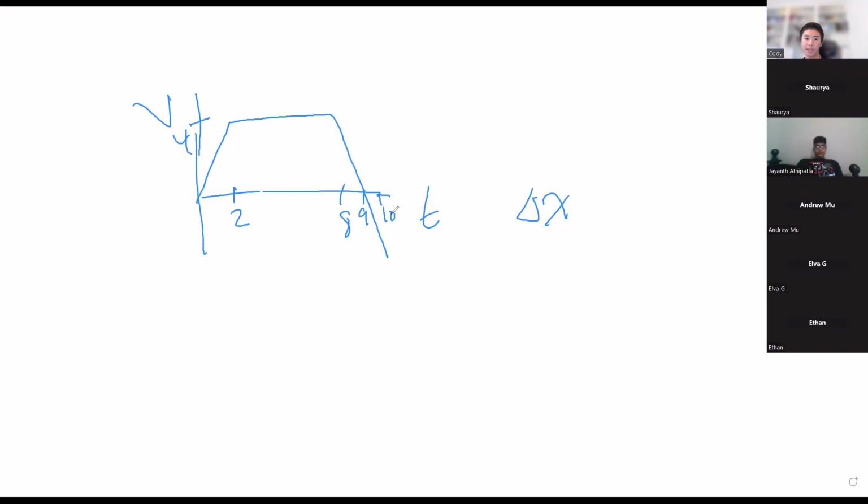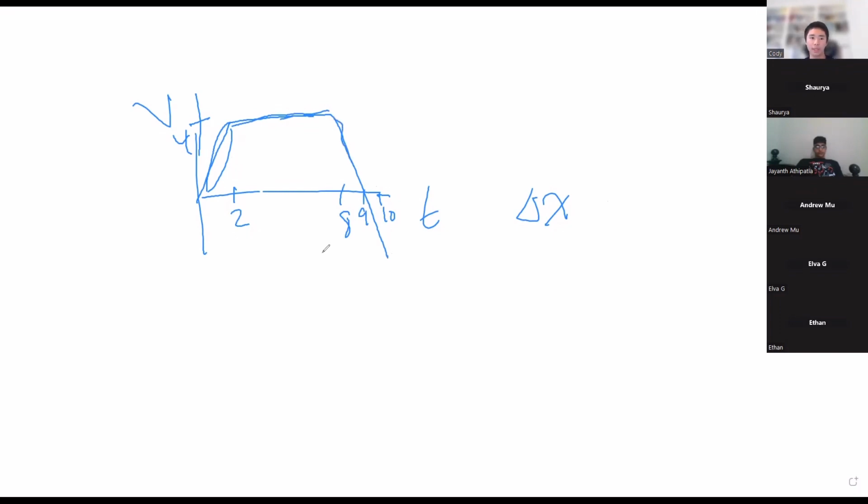So say we wanted to find the total displacement. You could break this down into a bunch of problems, right? So for here, you find the acceleration of it, and then you use the kinematic equations, right? And then for here, it's constant acceleration. So you just do velocity times time, and then you do the kinematic equation for this one again.